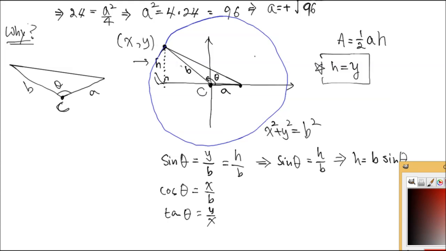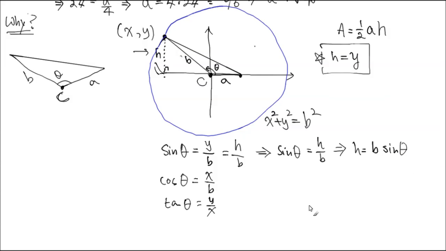So here's the final thing. We're going back to our area formula, A, right? What is A? 1/2 times base times H, right? Now we have a different expression for H, which is B times the sine theta. So 1/2 times, I'm going to use parentheses to show you where it's coming from, B times the sine theta.